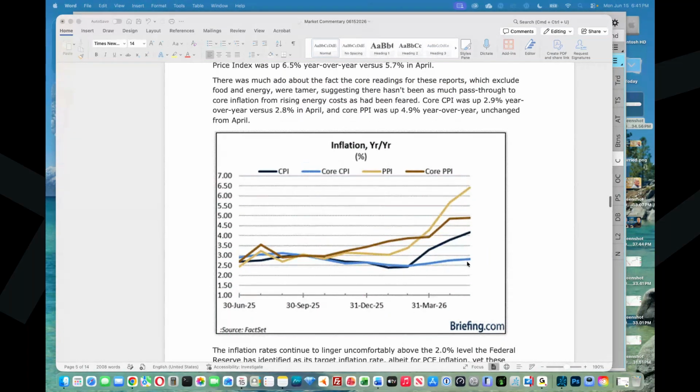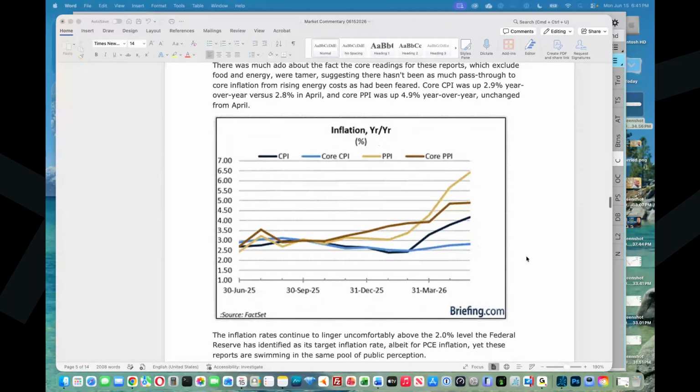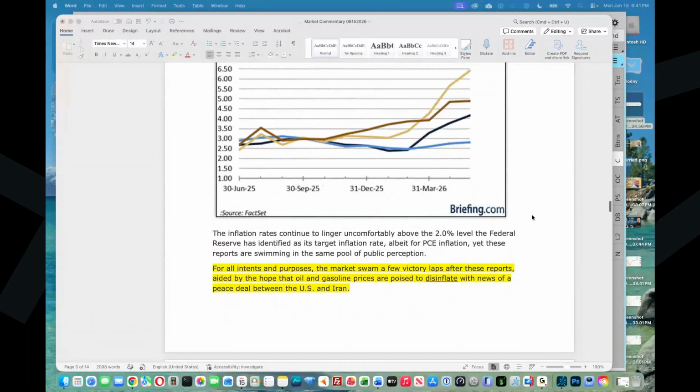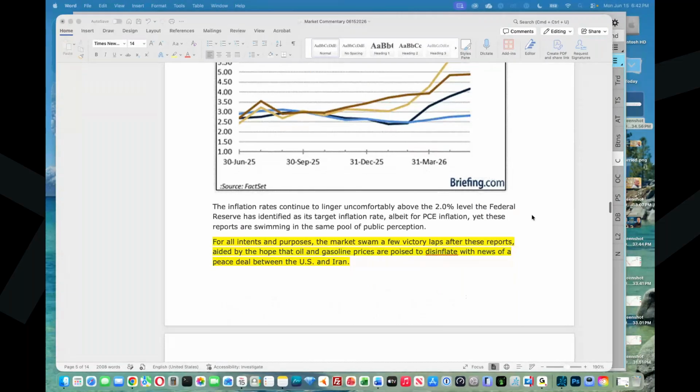It's actually a lot lower. It's the more volatile stuff, food and oil and gas, that are really inflating everything else. But the core inflation remains actually not too far above the Fed's desired spot.